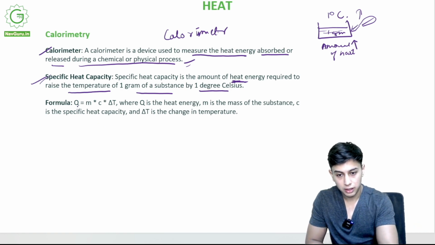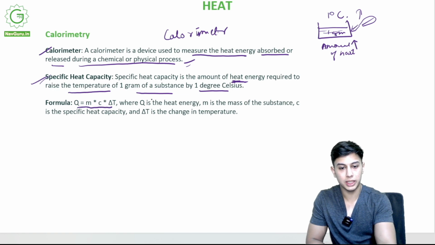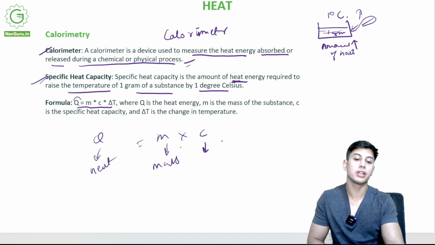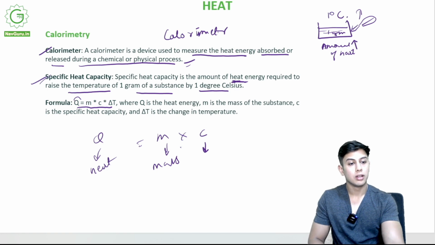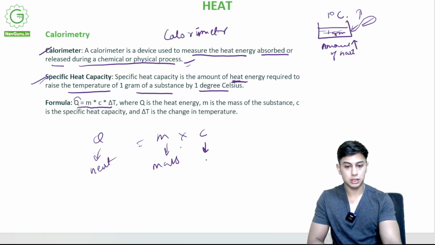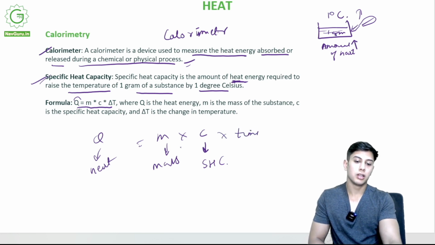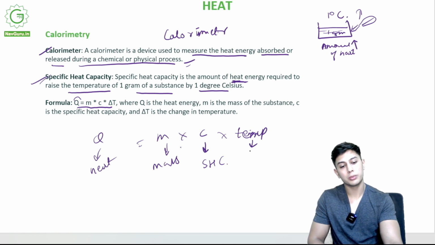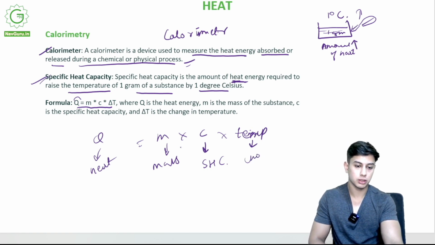This is the formula: Q = m × c × ΔT, where Q is the total heat energy, m is the mass of the substance, and c is the specific heat capacity, which is different for different substances. ΔT is the change in temperature. So let's take this temperature, from 0 to 10 degrees Celsius, so that will be the change in temperature.